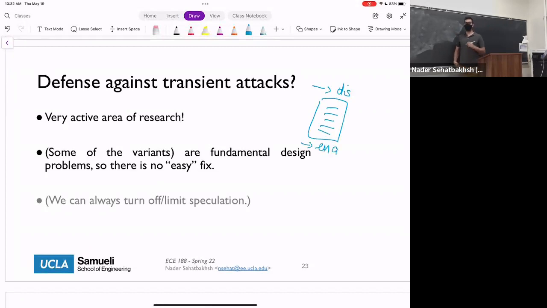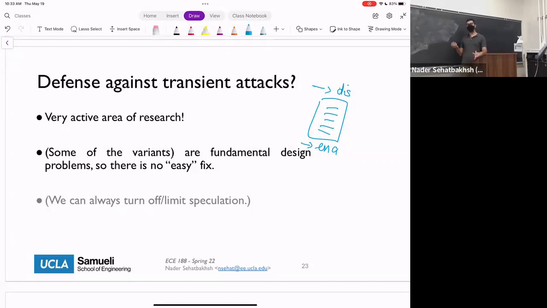There are instructions like fence that prevent your system from reordering instructions during that period. So that's one thing that can be done. Basically, you are temporarily eliminating the effect of this vector, Meltdown-type transient execution attacks. But that requires lots of manual work because you need to go through every part of your program, know which part you need to be worried about, and so on and so forth.